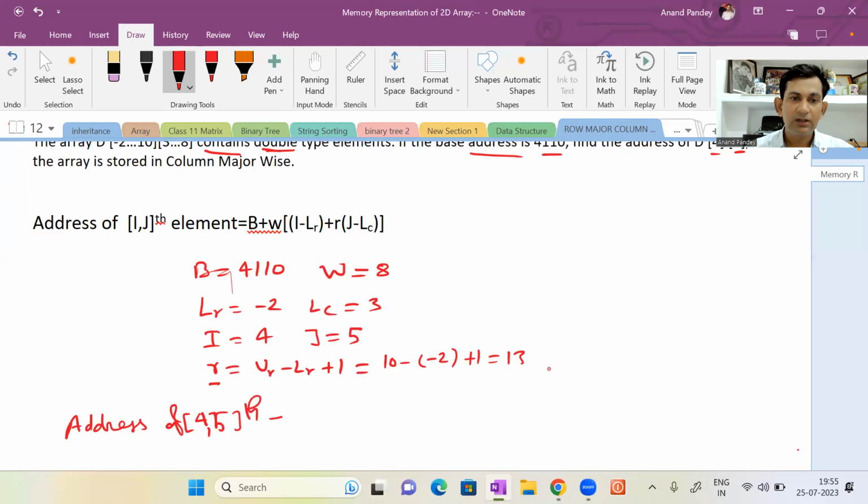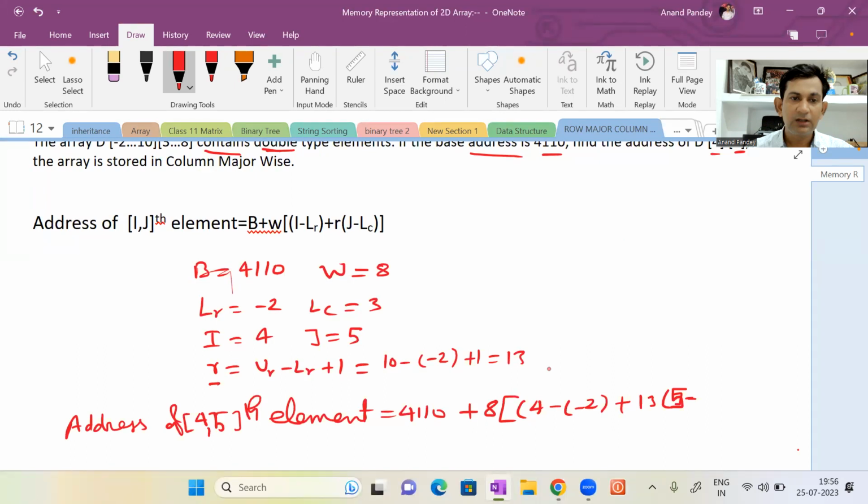Equal to the value of B, which is 4110, plus W, 8, square bracket, I minus LR, I is 4, minus LR is -2, plus number of rows 13 into J minus LC.